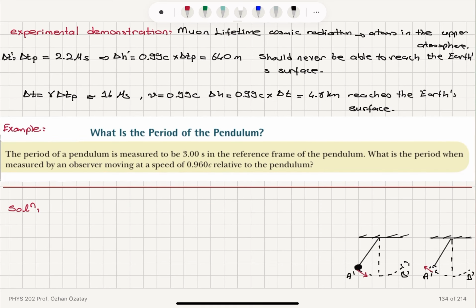Now, do we have any experimental evidence for this effect? There is one experimental demonstration, that's the muon lifetime. So cosmic radiation hits the atoms in the upper atmosphere, and muons are created by this interaction.